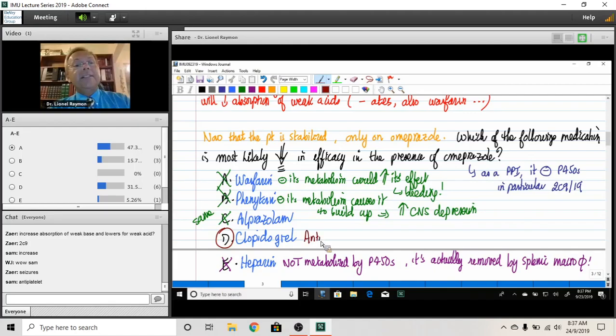Sam, it's an antiplatelet. And as an antiplatelet, it's actually a purine receptor antagonist, a P2Y12 antagonist. Therefore, something that would raise cyclic AMP in a platelet, keeping it from being activated and then aggregating. The problem with clopidogrel is this is a prodrug.